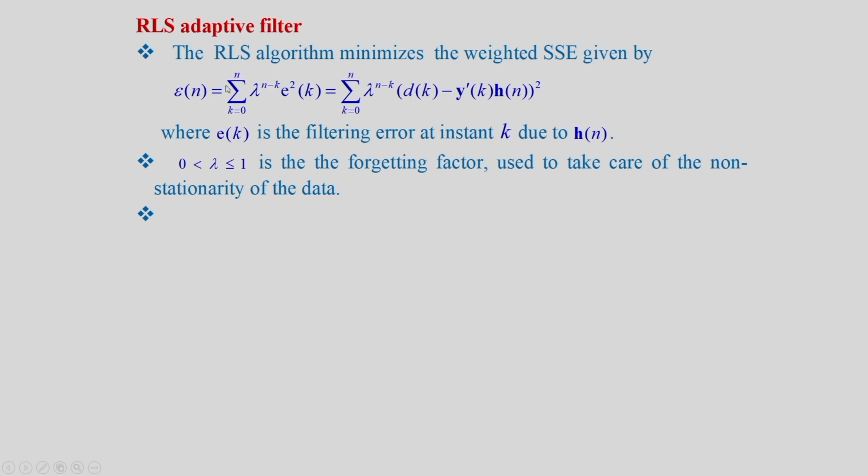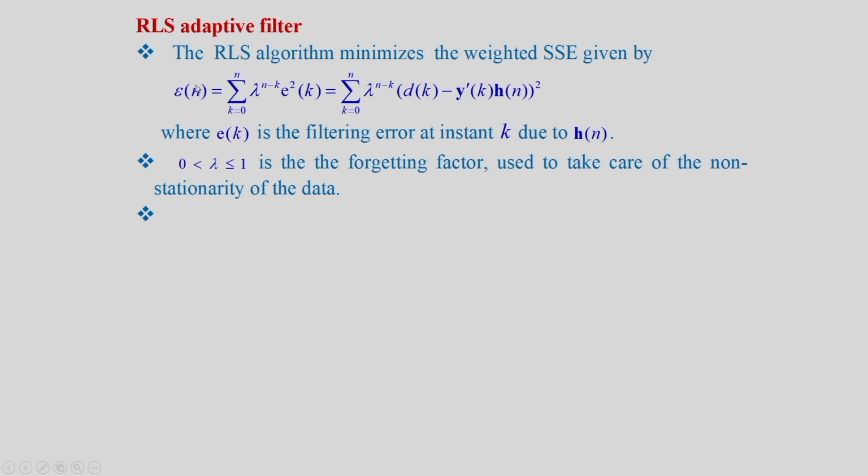So, in the case of the RLS adaptive filter, the error is the sum square error. We discussed the least square estimation principle. The same principle is applied here also, and here the error to be minimized is the sum square error weighted by a factor lambda to the power n minus k.